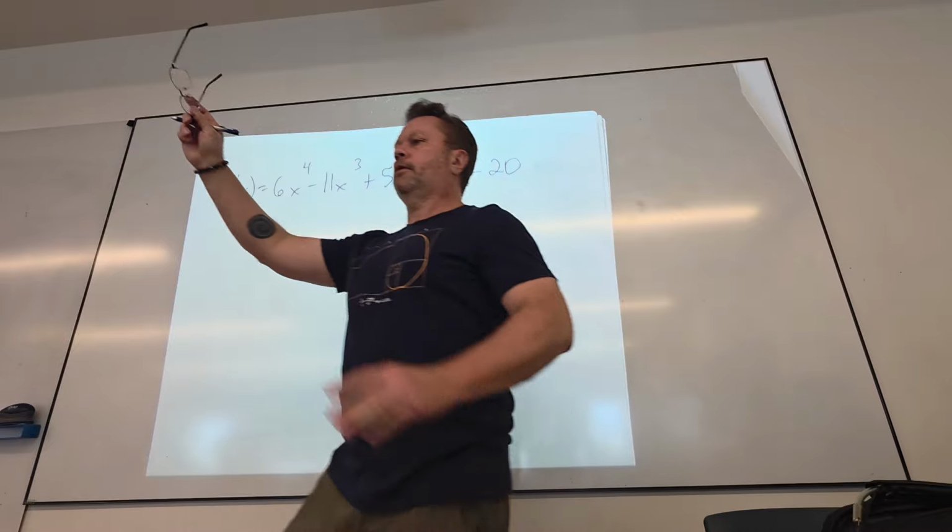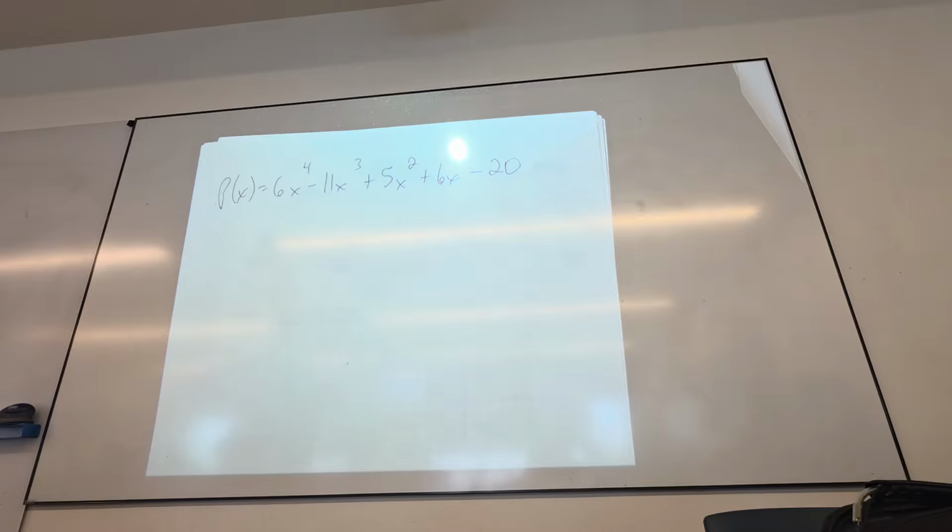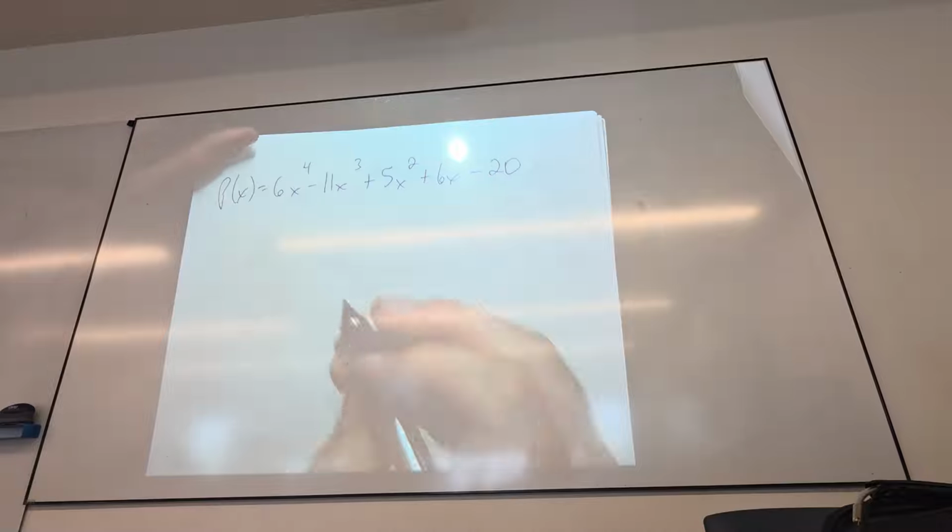So does anyone remember? I have to do a little more than we just did because of one reality about this problem. How do I make the list of all the possible zeros, all the numbers that I could plug into x to make this zero? How do I make that list? Just like we just did, except there's one thing that's different now.